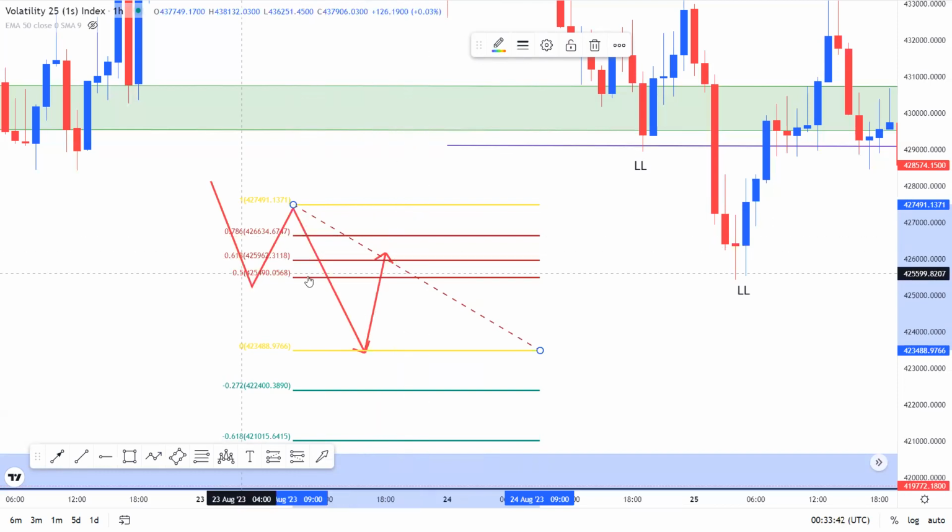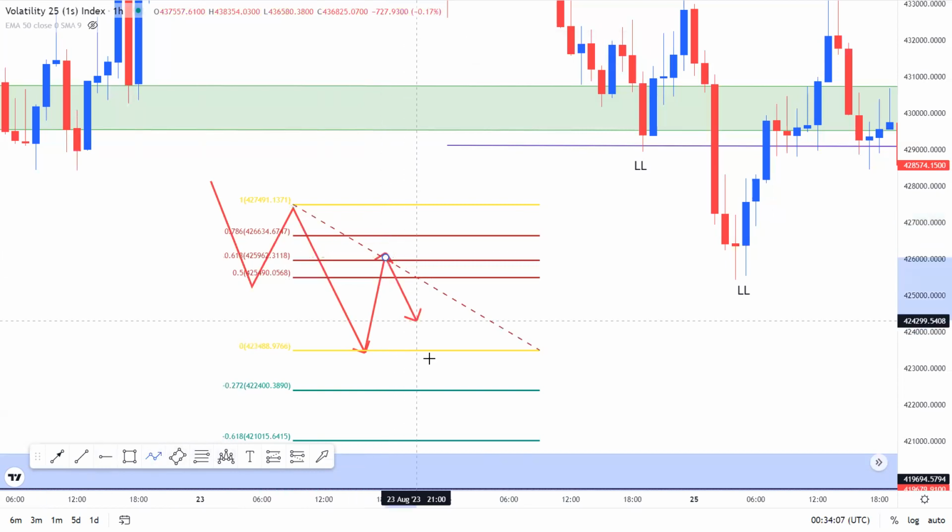In this case, you want to wait for price to come into the 0.5, which is the 50, the 61.8, or the 78.6 Fibonacci reversal levels. Any one of these levels will present us a more premium price level to get in on the sales in line with the market trend.